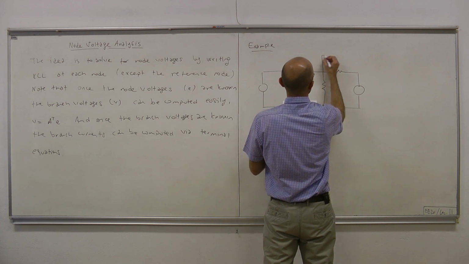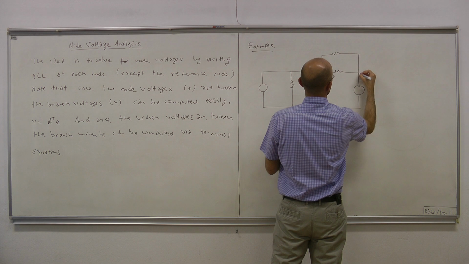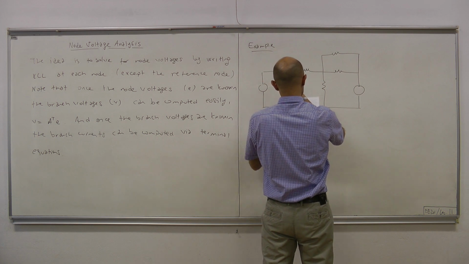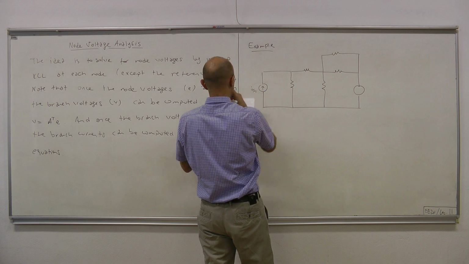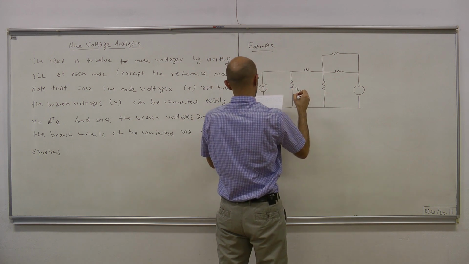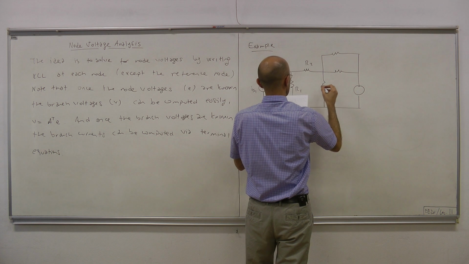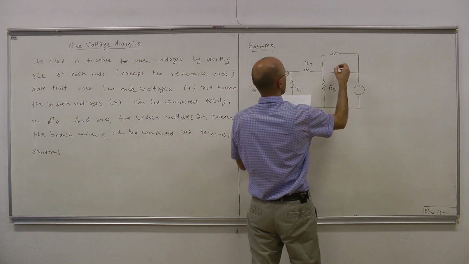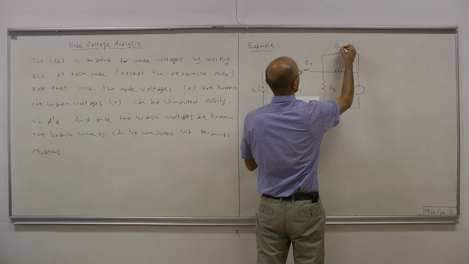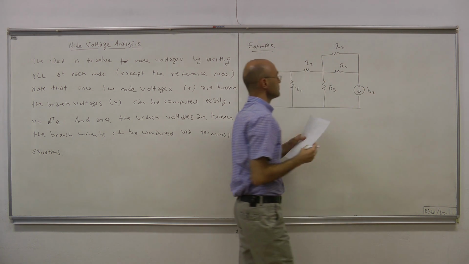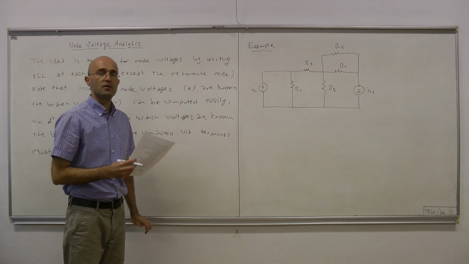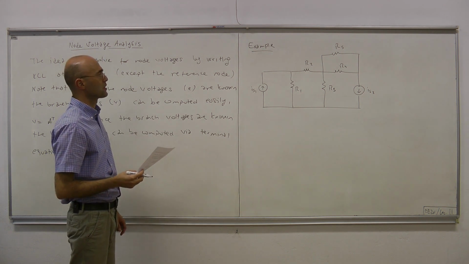Then here we have a parallel resistor. So this is IS1, R1, R2, R3, R4, R5. This is IS2, the current of the second current source.